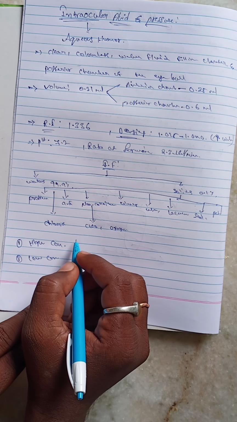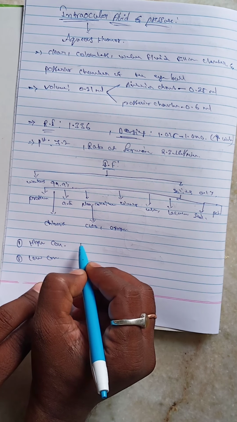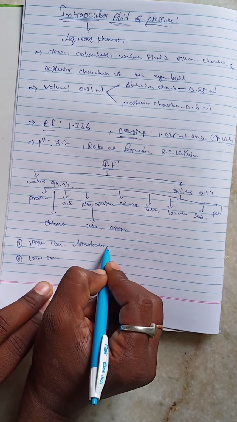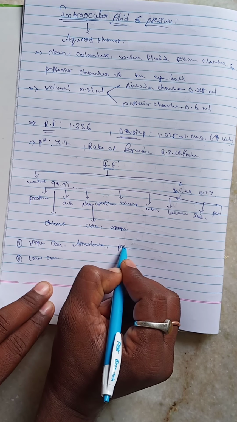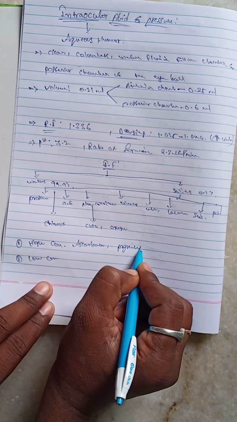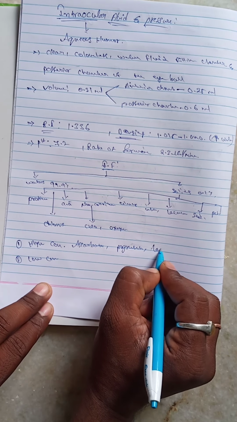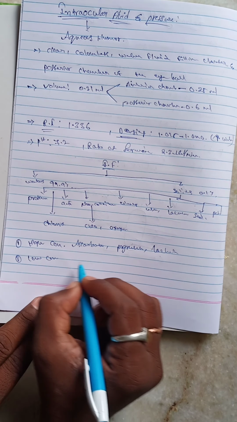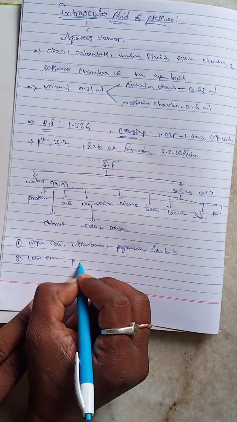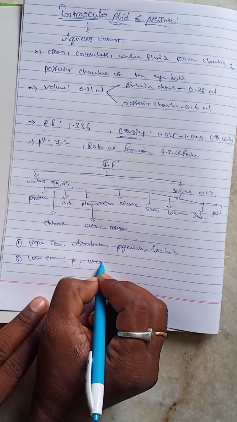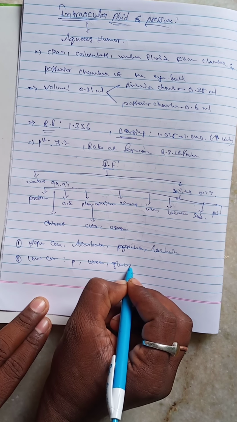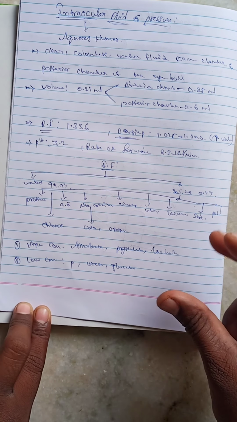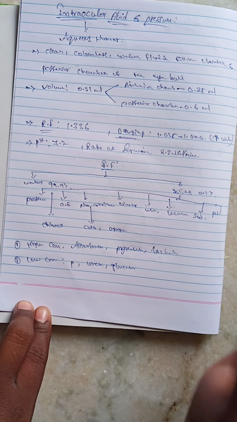High concentration means it contains ascorbate, pyruvate, and lactate. Low concentration means proteins, urea, and glucose. So this is the classification of the intraocular fluid depending upon the composition.